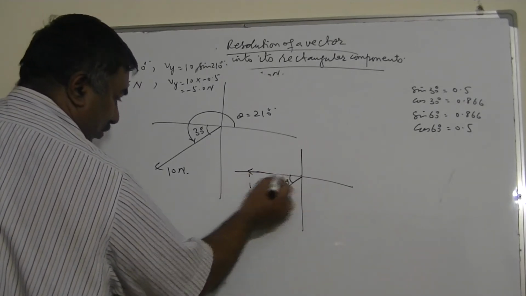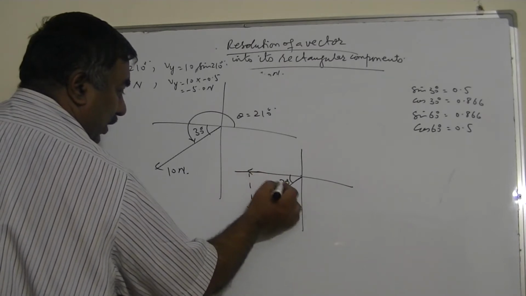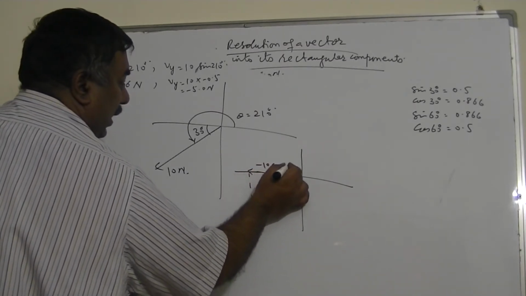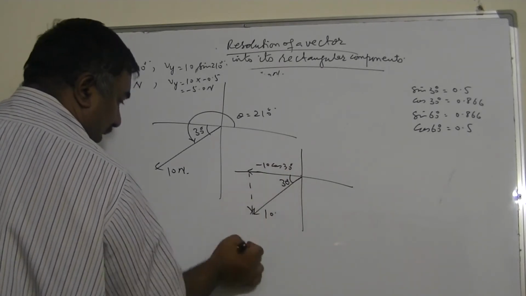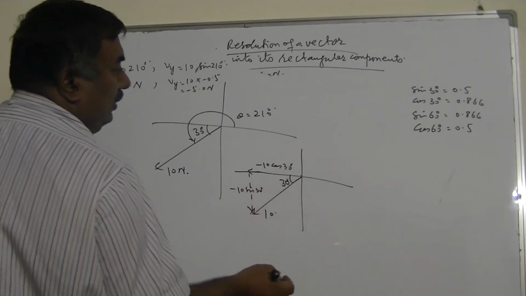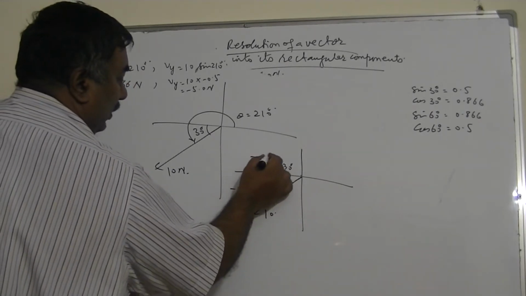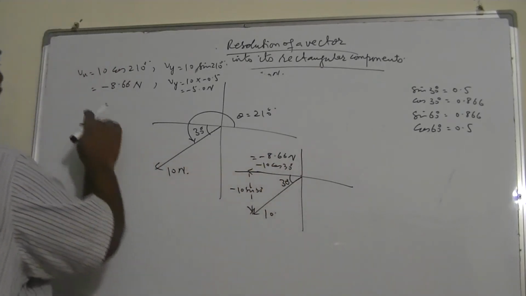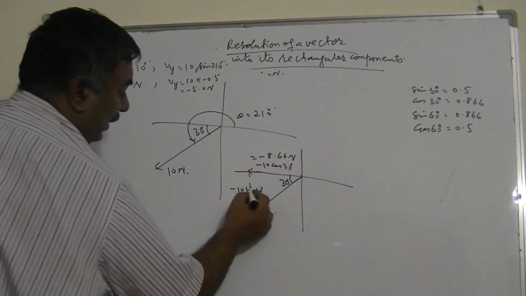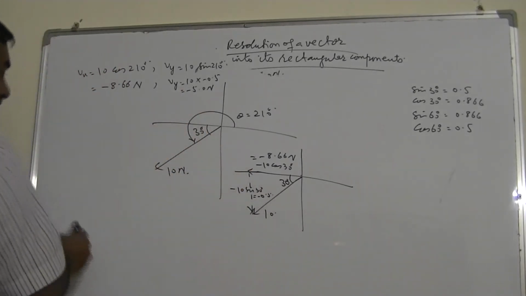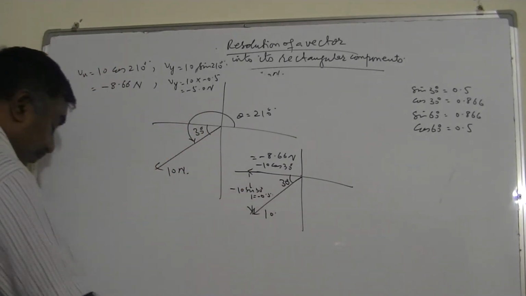This is negative toward left, so it must be negative, and it's adjacent to 30, so it's minus 10 cos 30, and this is also downward, so it's minus 10 sin 30. Since cos 30 is 0.866, of course this is minus 8.66 Newton, and here it is minus 0.5 times 10, so minus 5 Newton in this case.